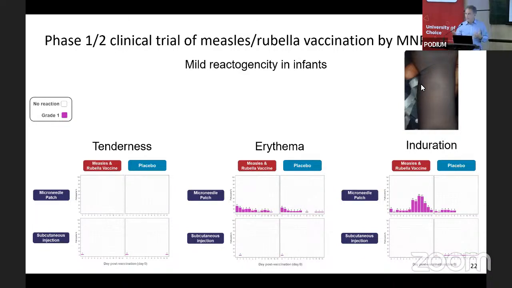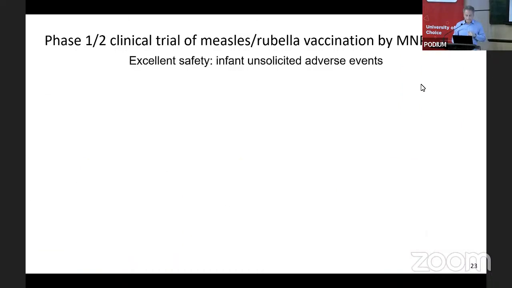And you're seeing then that immune response kicking in a week or so later, leading to some local induration. Interestingly, I'm not showing the data here, but when we did this in the toddlers, so they were not naive, they'd had a measles vaccination before, their induration response was immediate after the vaccine was given. So some interesting science, a minor cosmetic effect, no safety concerns were evident in the trial.